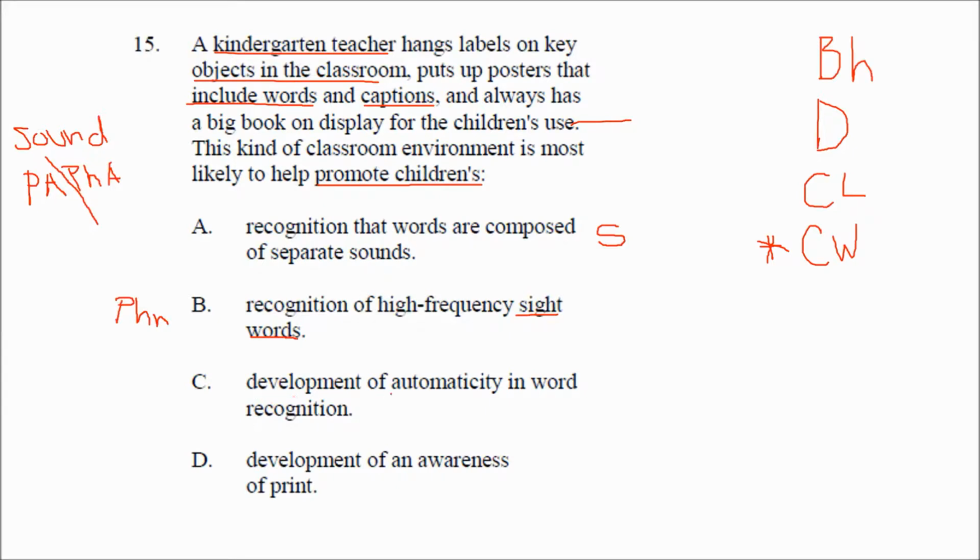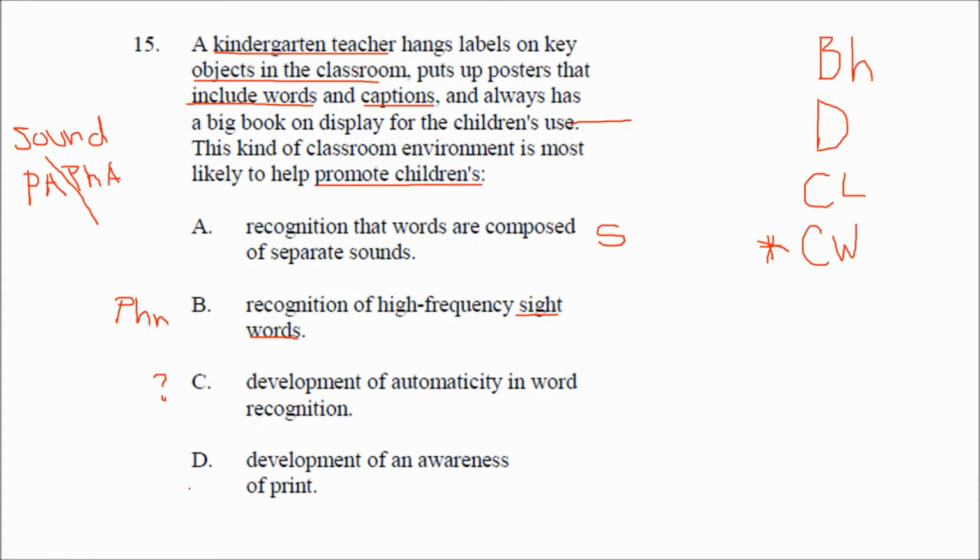Development of automaticity in word recognition. That's a magic maybe because maybe the teacher is trying to help them develop like, oh, this word means book, this word means table, that could be a magic maybe. Development of an awareness of print. Again, we live in the world of concepts of print. We are talking about a kindergarten class and a teacher.